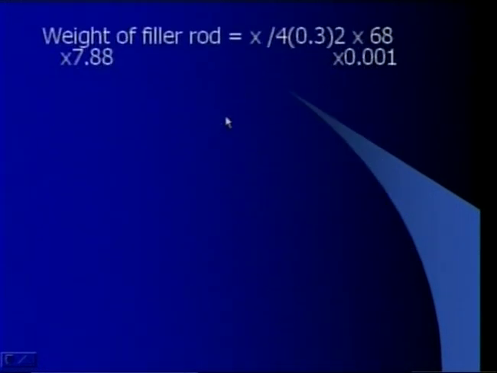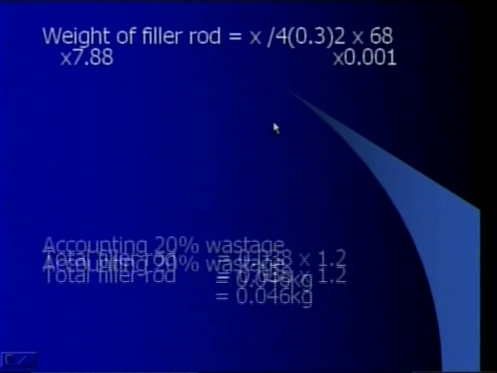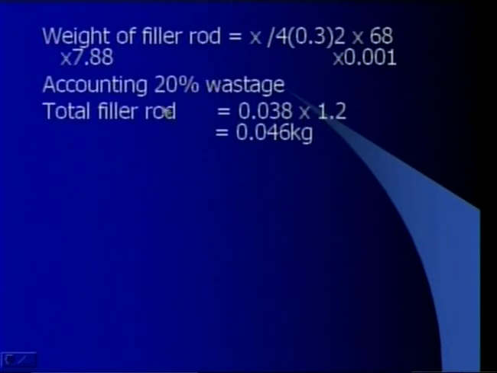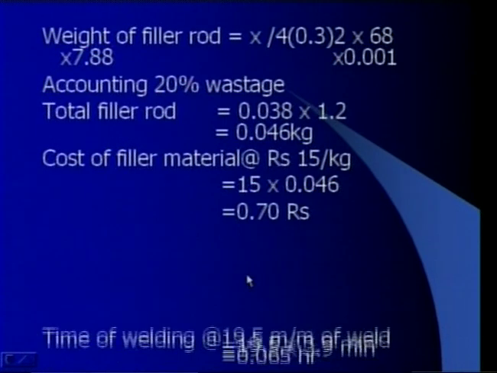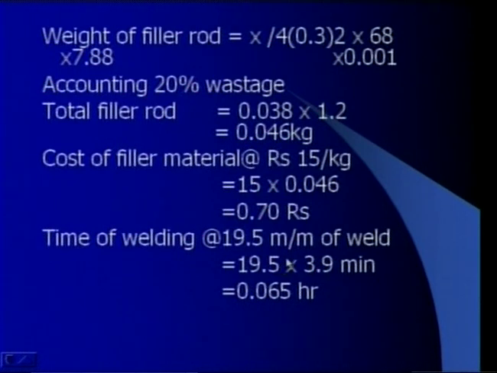Next, we calculate the weight of the filler rod by using a formula, accounting for 20% wastage. Then the cost of the materials we can calculate by using this formula, we get 0.7 rupees. Then the time of welding at the rate of 19.5 meters per meter of the weld, substituting in this formula 19.5 multiplied by 3.9 meters, that is the welding time.